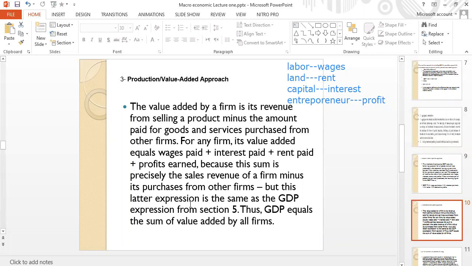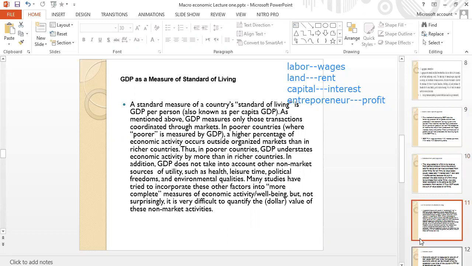So GDP equals the sum of all value added by firms.